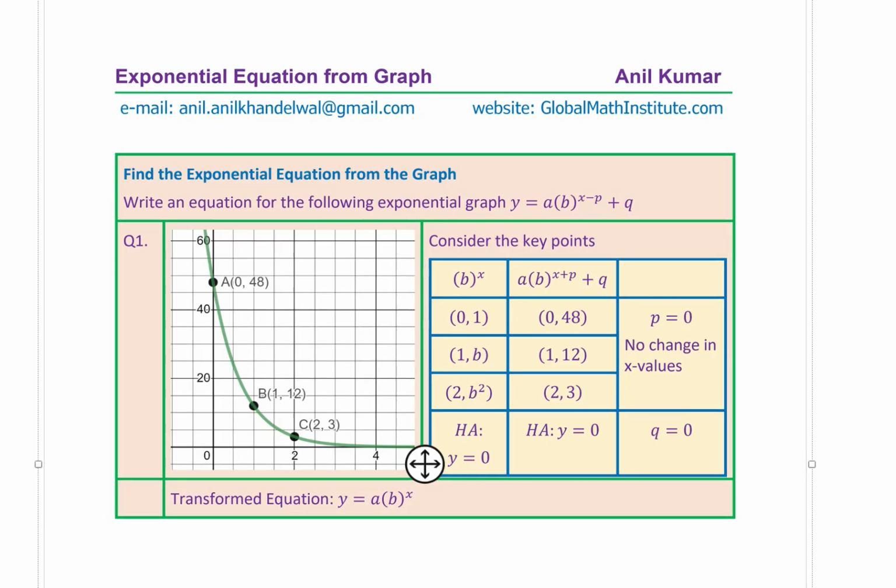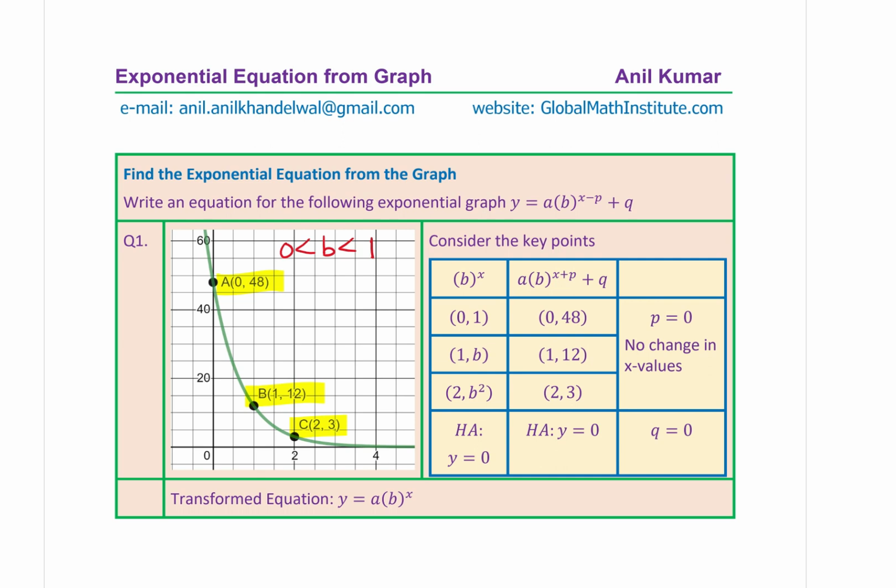Here is example 1. Again, the same graph with 3 given points. The point A is (0, 48), B is (1, 12), and C is (2, 3). We need to find the equation of this exponential graph, which is decaying. Decaying really means that the value of b is expected to be between 0 and 1, right? Because it is decaying. This is expected.